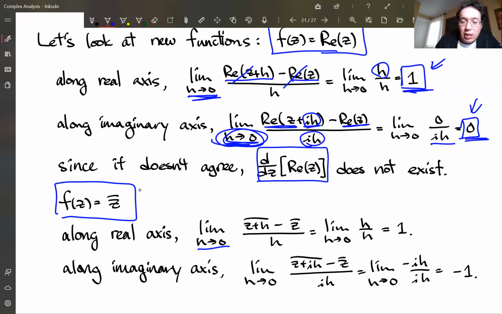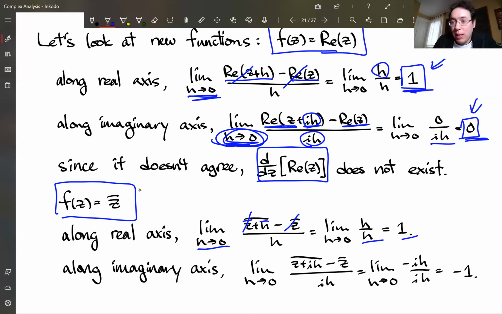So if thinking of h as a real number, if you take the limit, the complex conjugate of z plus h is the same thing as the complex conjugate of z plus the complex conjugate of h. So the complex conjugate of z cancels out. Since h is a real number, its complex conjugate is still just h. Denominator is h, so it divides to be 1.